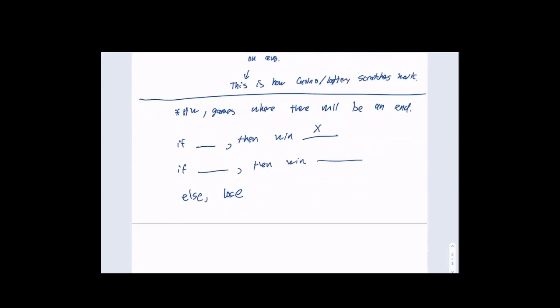So this is your first outcome, this is your second outcome, and the third outcome is technically just going to be $0, because you lose. That's pretty much the premise for the outcomes.